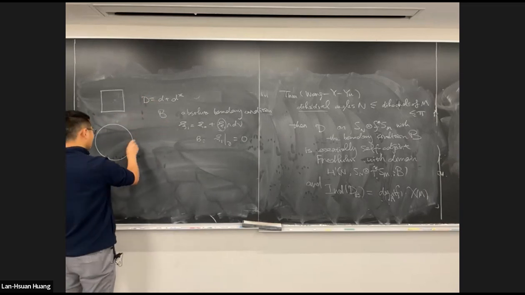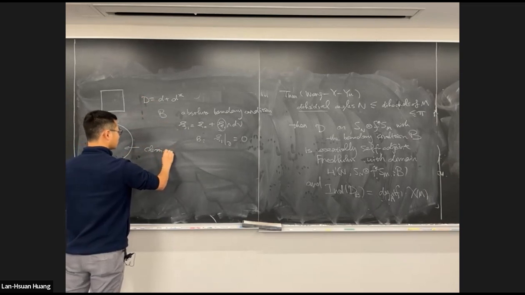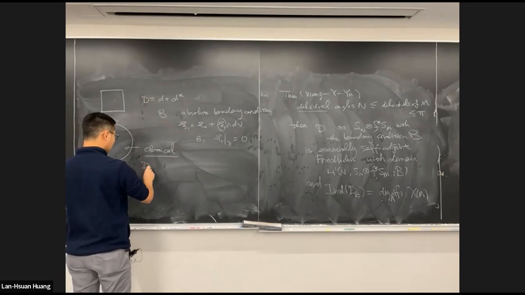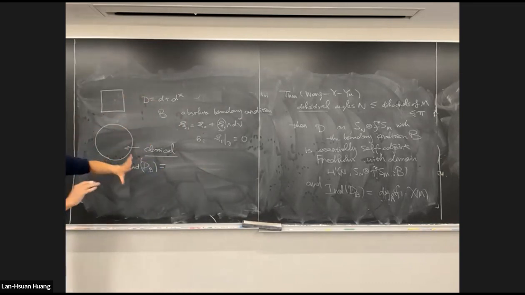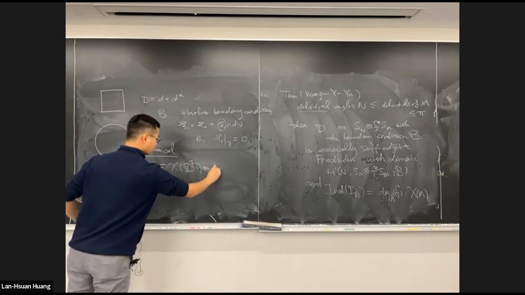So in this case, let me just forget about the map, let's just think about the theorem operator itself, okay? So in this case, the two-dimensional disk, the index is 1.